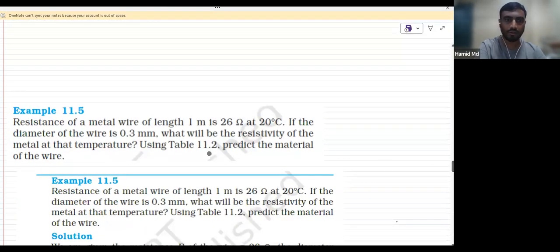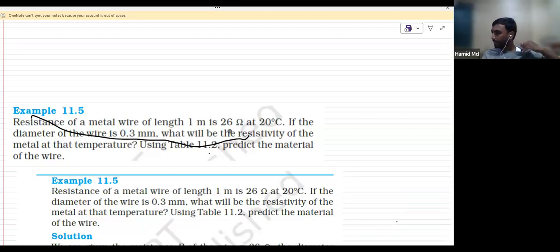This was already the question over here. Will you try this question? Just do it and show me.